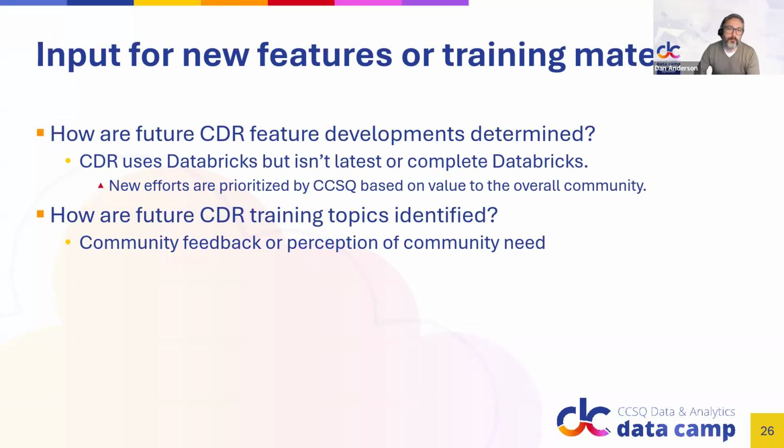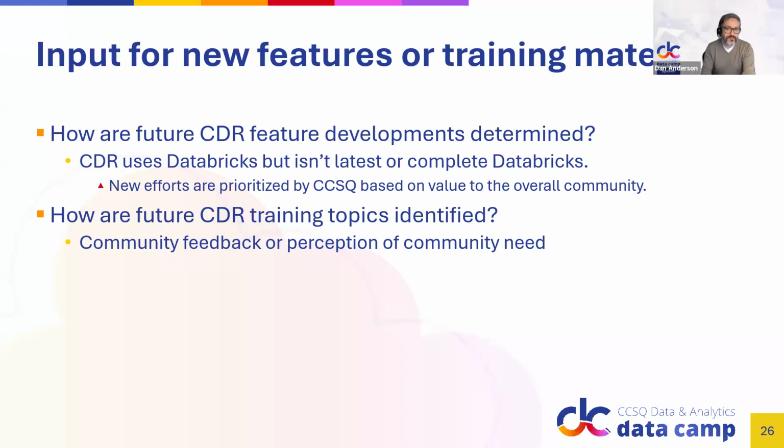But if you do see features that are supposed to exist, or Databricks seems to support, bring those up to CCSQ stakeholders. You can do it as a DAR, you can do it as just a help desk, something in the data and analytics channel.